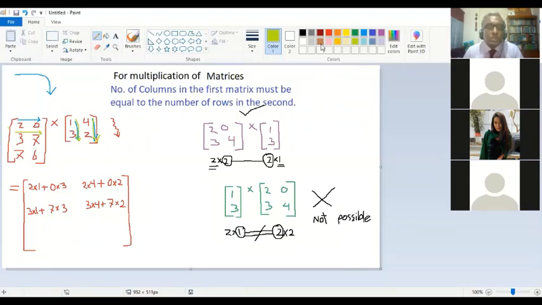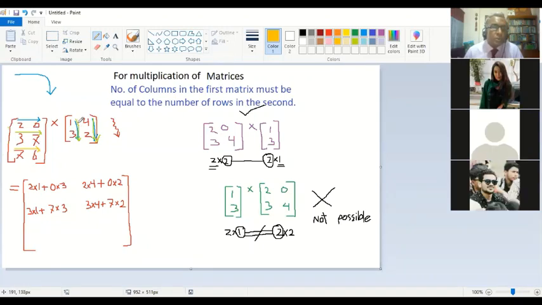What is the last row here? The last row is 7, 6. So 7 into 1 plus 6 into 3.